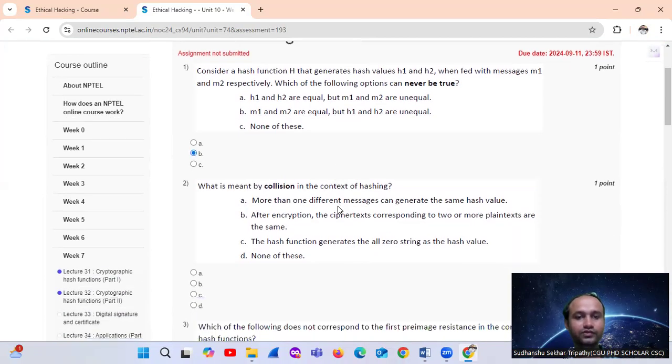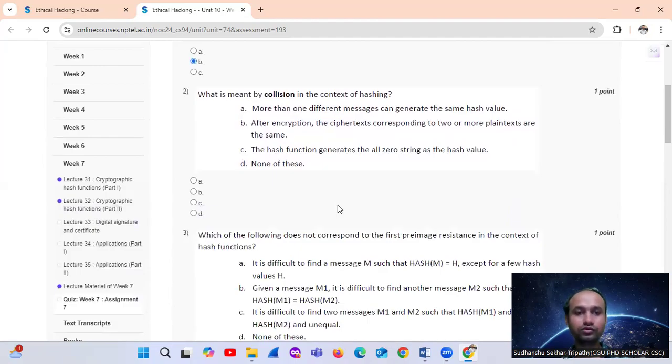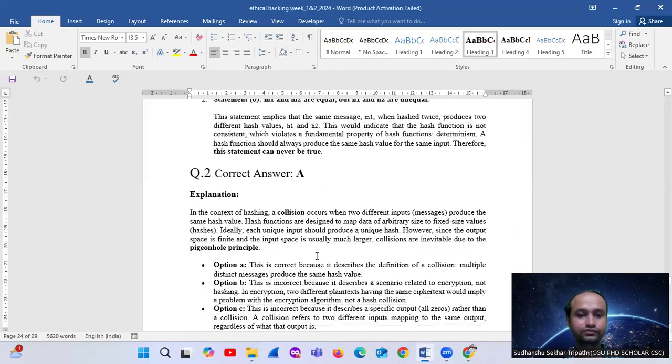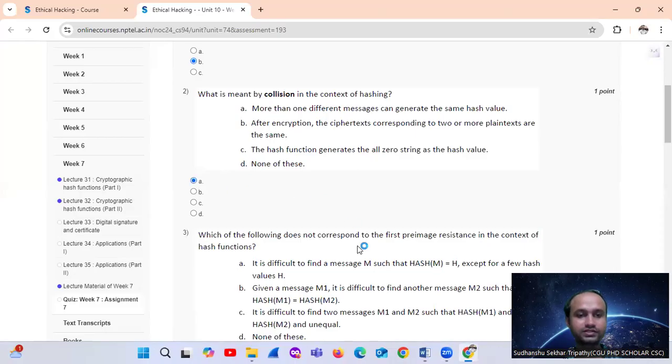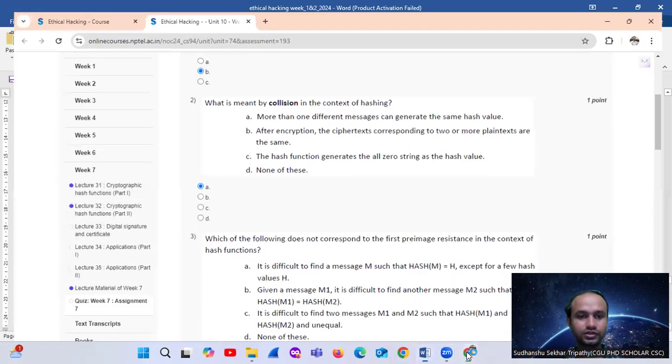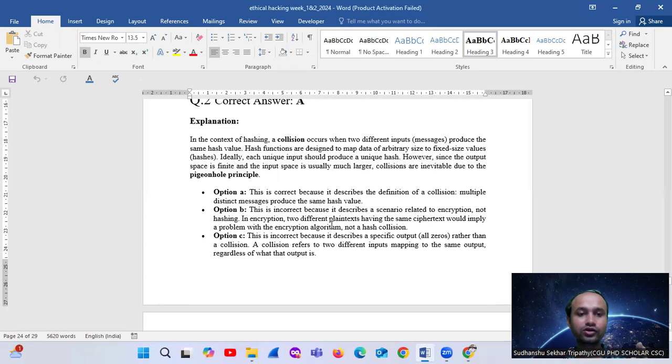Okay. Question number 2. What is meant by collision in context of hashing? Okay. So इसका आंसर हो जाएगा ऑप्शन नंबर ए. ओके. ऑप्शन नंबर ए, that is in context of hashing a collision occurs when two different input messages, अभी हमने देखा था क्वेश्चन नंबर 1 में, produce the same hash value.